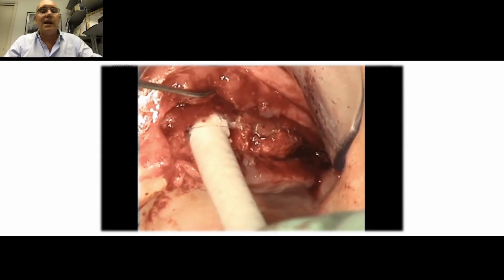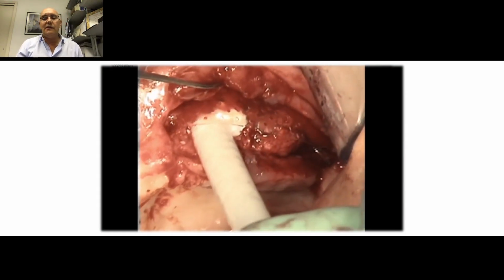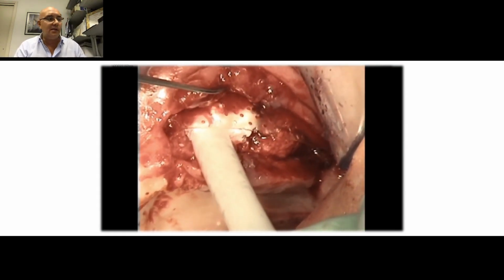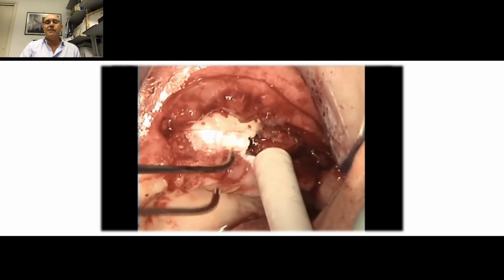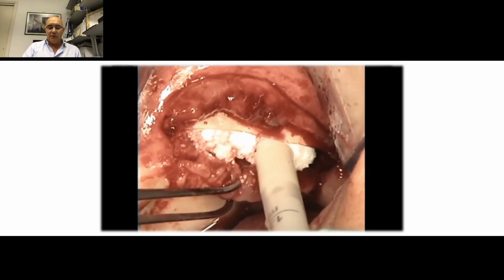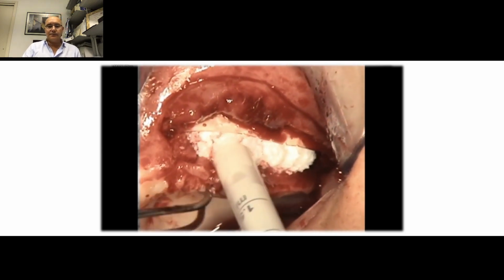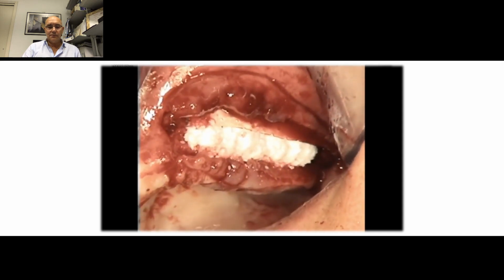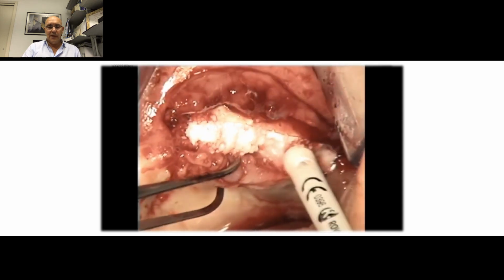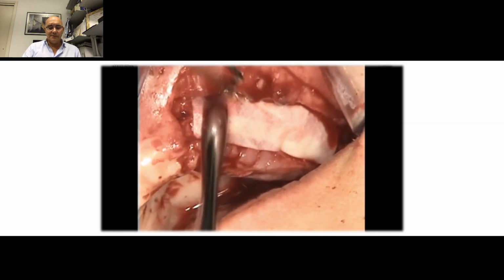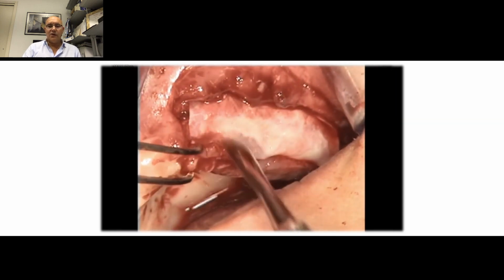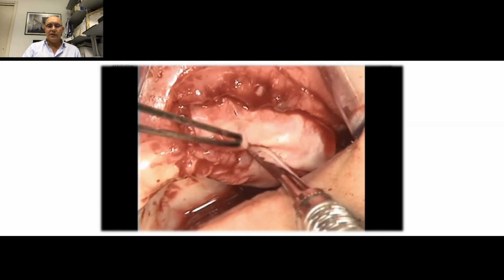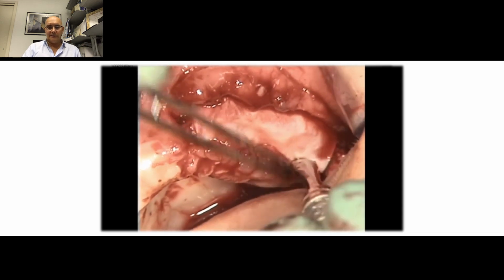So we're lucky that the MP3 is in a syringe, so we can inject it and push it up and push it quite hard as well. We compact it, and then we place a resorbable membrane, making sure that it covers up everything.